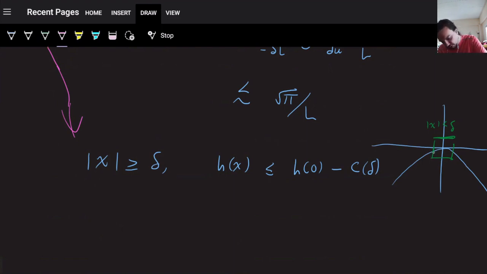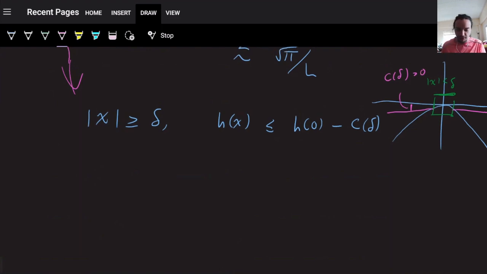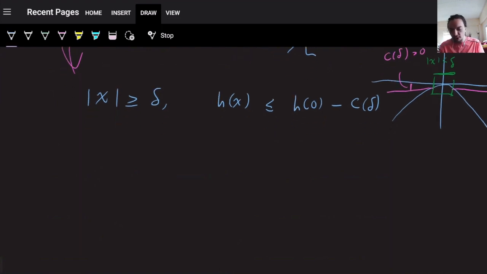So it's going to be smaller at least by that. So h at x, for x outside of delta, is going to be smaller than h of 0 minus c of delta, for some c of delta that's positive. Because we had a max. The point being that you don't come back to the max later on, because it's global.